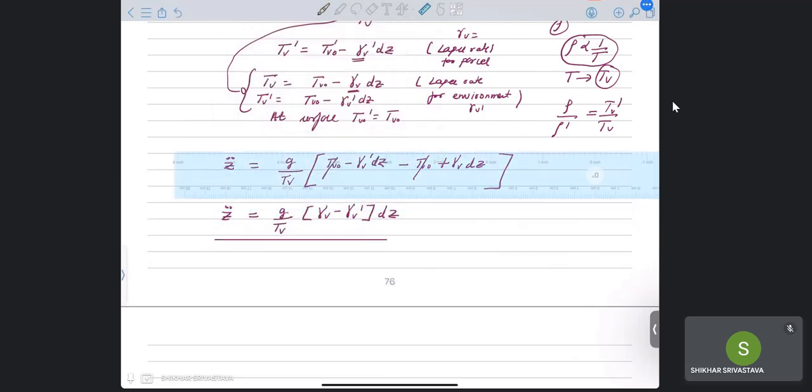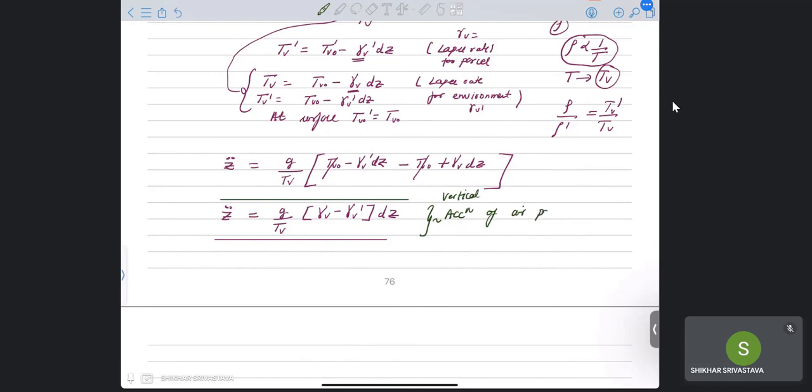This is the acceleration of the air. Very important term. So this is the vertical acceleration of an air parcel in terms of the lapse rate of the environment and the parcel.